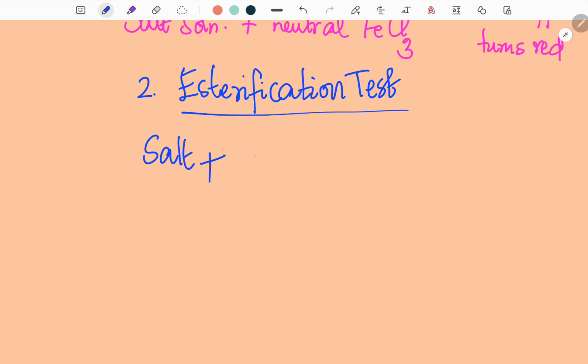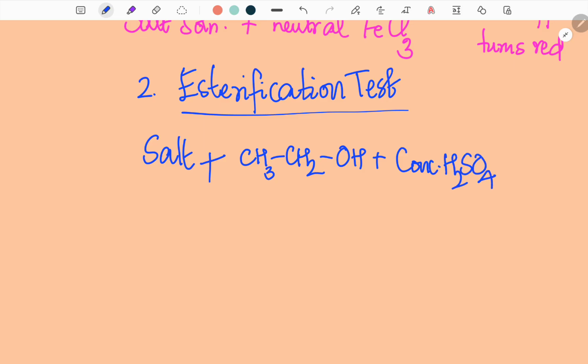Now, to the salt, you first need to add ethanol. And you also need to add concentrated sulfuric acid. You have learnt about the esterification test in grade 10.